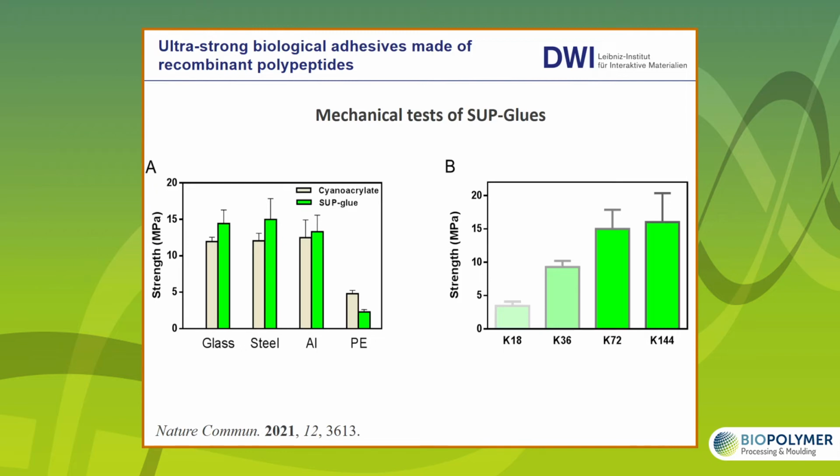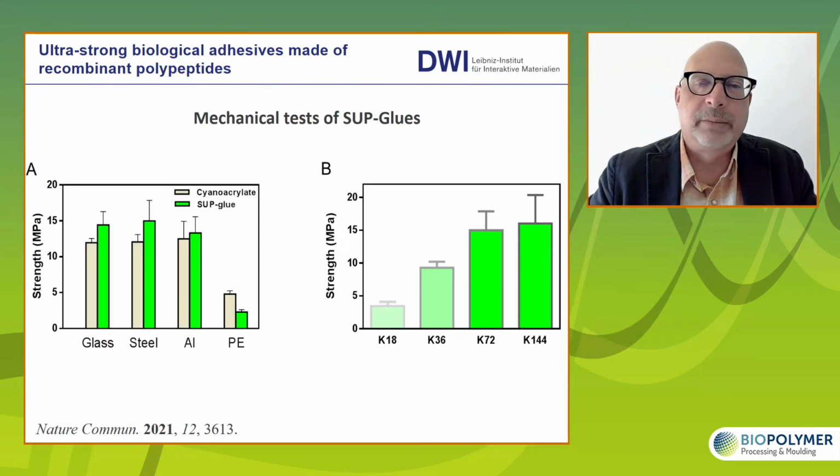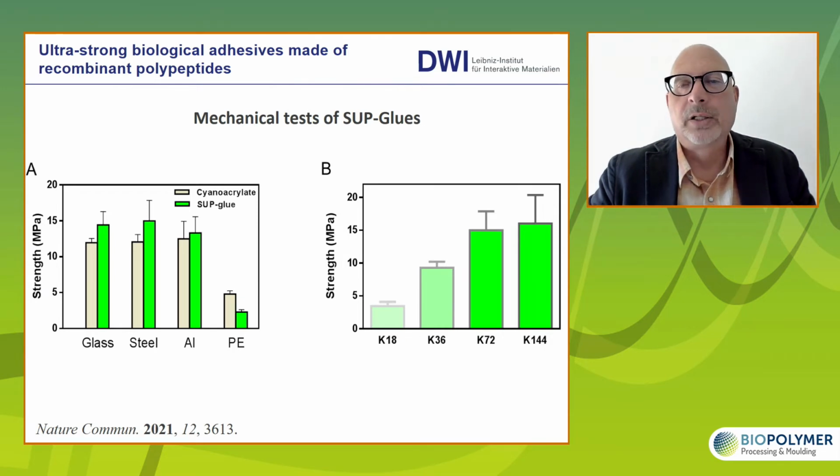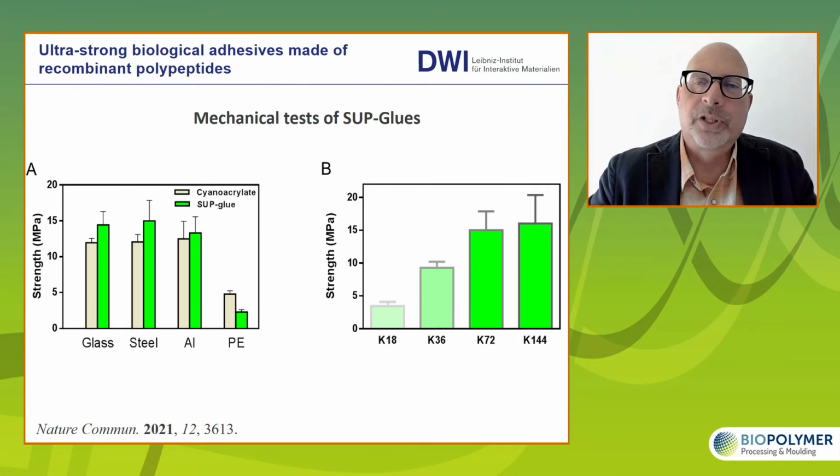And what you can easily see is that with the genetically engineered glue, we obtain very similar adhesive properties as with the superglue. We did some structure property relationships, and we found out that the longer the supercharged polypeptide chain is, the better the adhesive properties.